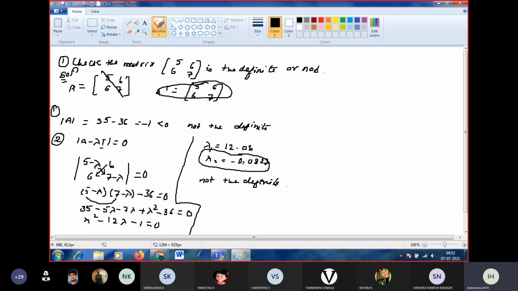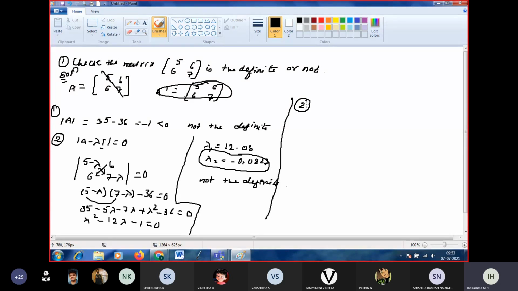Okay, did you clear? So this is the way you can use these two tests. You can check with these two tests to say whether the given matrix is positive definite or not. I will give one more homework problem for you.